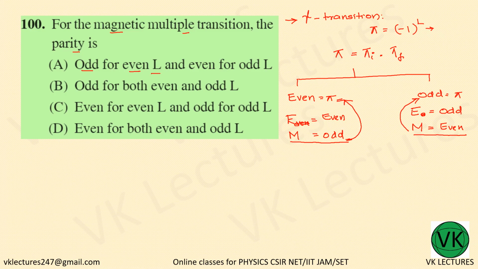That means pi is equal to minus 1 whole to the power L. Now if L is odd, we have pi odd. If L is even, the parity will be even. So odd for even pi and even for odd pi. Fine. So the option is option A.